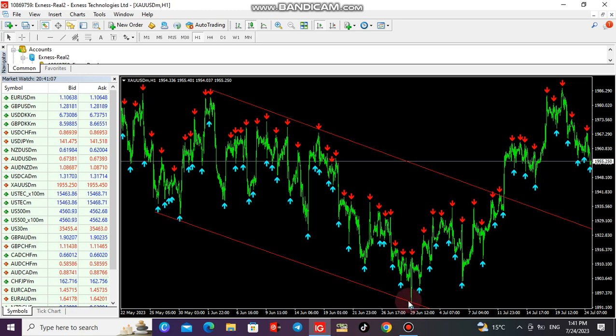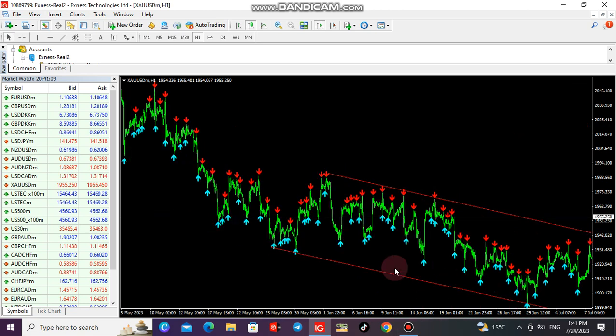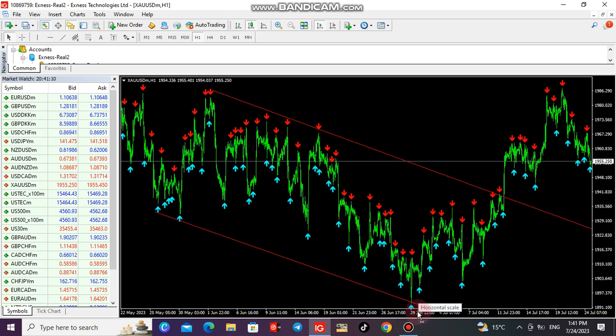It's actually touching your trend line, and then you see a buy signal. That is actually a good indication for you to jump into a trade, because you have two confirmations. And that is actually a strong area for you to take a trade.